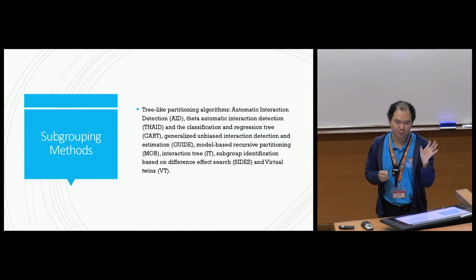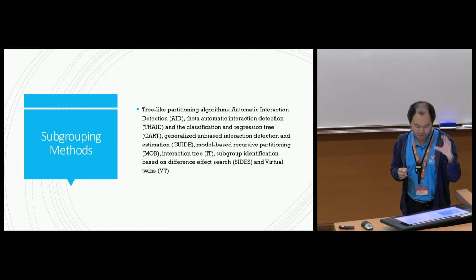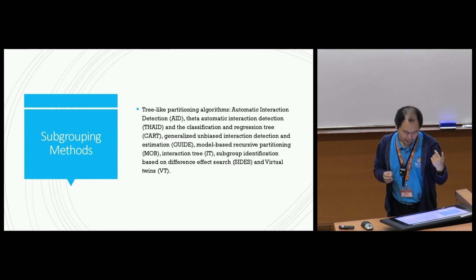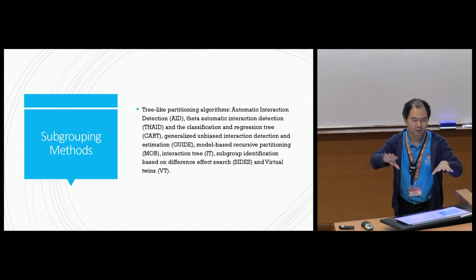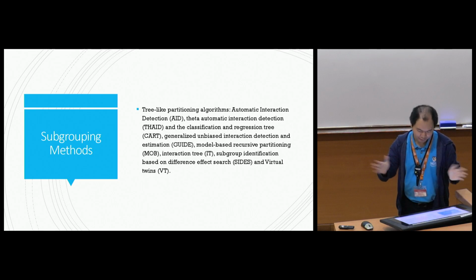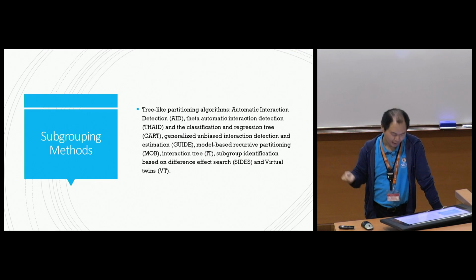All the subgroup identification methods are kind of like building a regression tree or classification tree. You use a recursive partitioning algorithm and build different nodes. You get different splits of your original sample and eventually end up with small groups, and those groups will be used as subgroups.